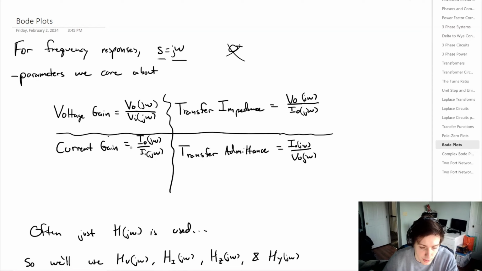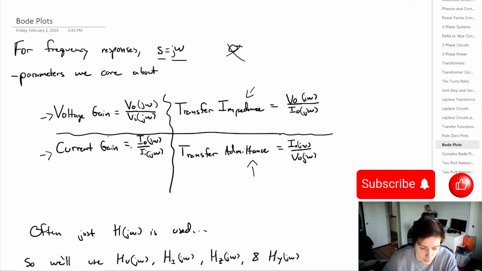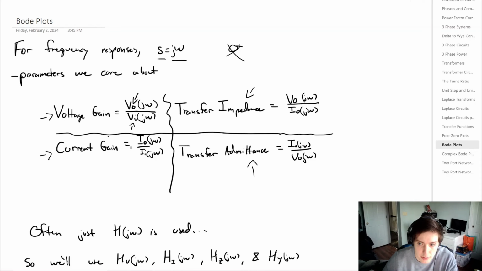There are a few parameters that we care about, and they are the voltage gain, the current gain, the transfer impedance, and the transfer admittance, where the subscripts o and i just represent the output and the input. Oftentimes the voltage gain, current gain, transfer impedance, or transfer admittance is just represented by H as a function of j omega, or sometimes s.